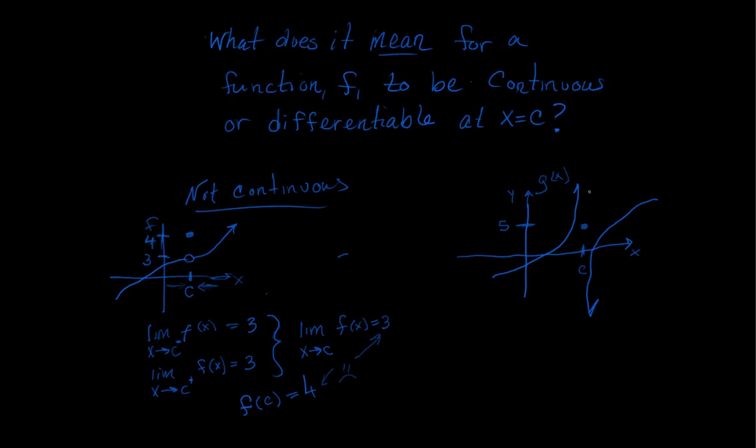Okay, now why is this function not continuous? Well, we have that f of c equals 5, so that's not a problem. But here there may be a problem. The limit as x approaches c from the left of this function: as the x values get closer and closer to c from the left, the y values just keep getting bigger and bigger and go towards infinity.